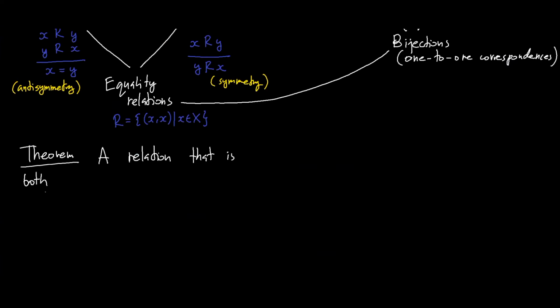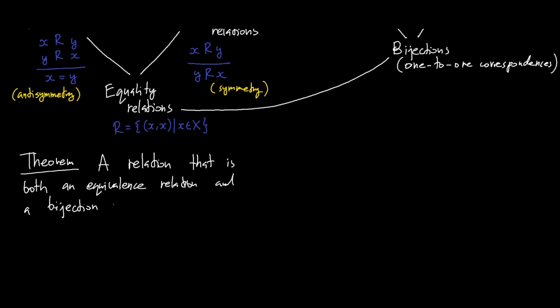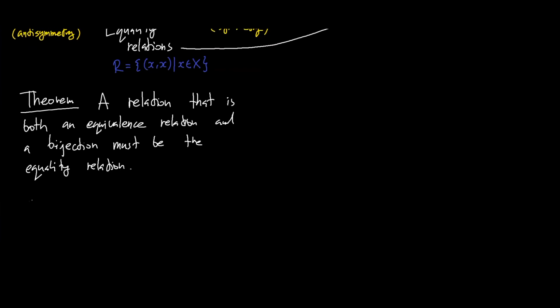A relation that is both an equivalence relation and a bijection must be the equality relation. So let's prove that.